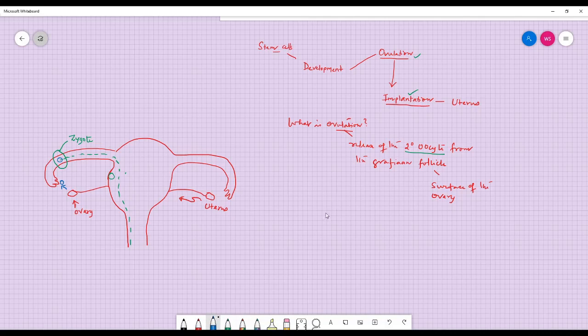Okay, this is a diagrammatic representation of an oocyte.